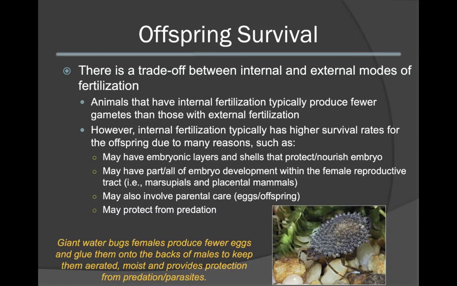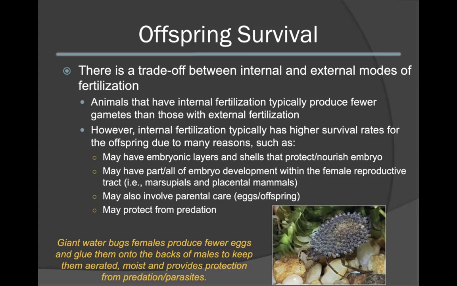This is due to many reasons, including the fact that many have embryonic layers or shells that help to protect and nourish the embryo during development. Many species that have internal fertilization may have part or all of the embryo development occur within the female reproductive tract. This can be seen in marsupials as well as eutherians, or placental mammals.